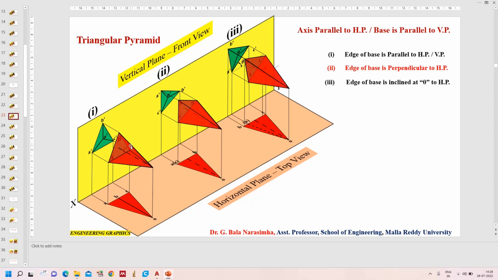The edge BO is clearly visible. The edge CO is also clearly visible. So that's why continuous edge and continuous edge. The axis line coincides with the visible edge BO. According to the priority of the lines, we will give first priority to the visible line. So there is no need to represent the axis line here.